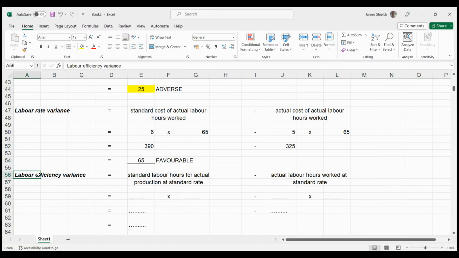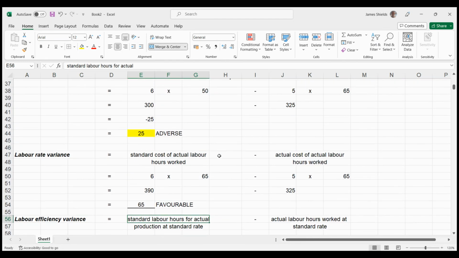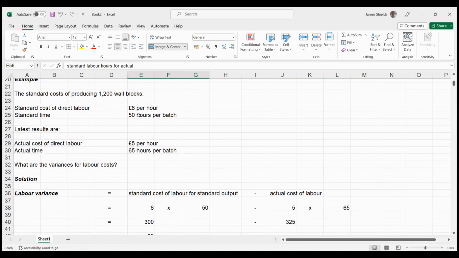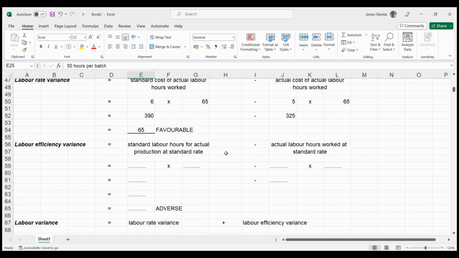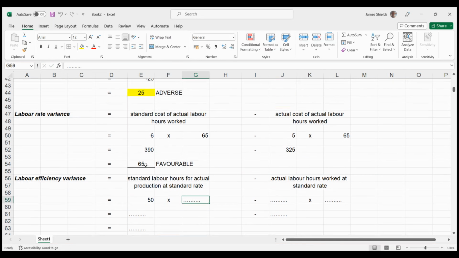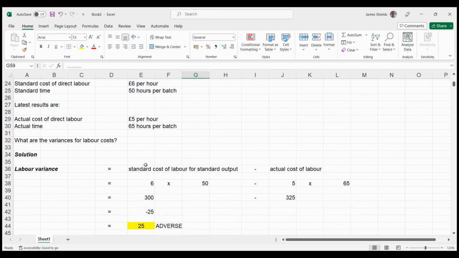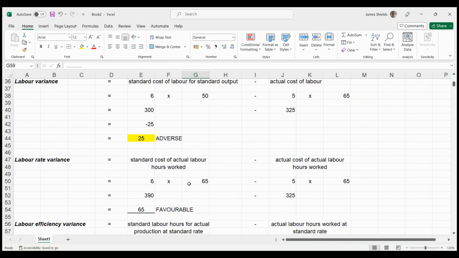Now the labour efficiency variance. How long did it take to get the work done? So we've got standard labour hours, the standard is 50 hours, at the standard rate, and the standard rate was £6.